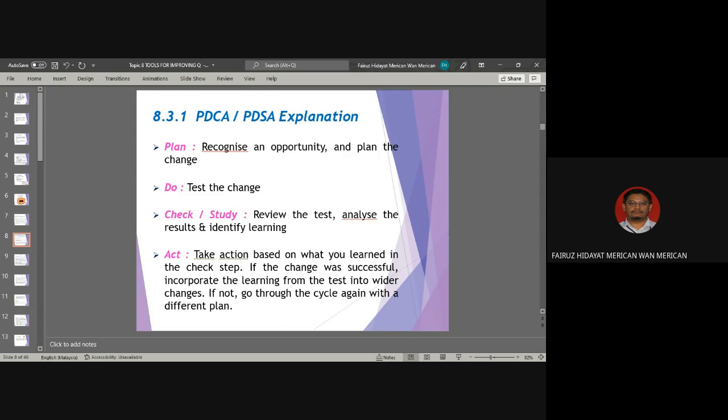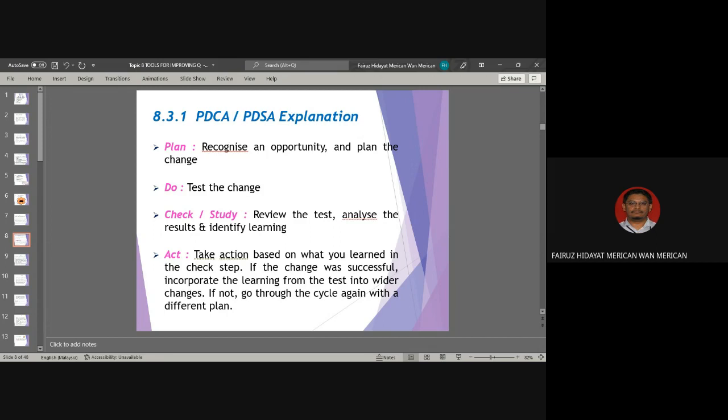They are regarded as opportunities for the company or organization, if they have weaknesses or problems or any aspect that needs to be improved. And once they recognize an opportunity, then they will plan the change to resolve that particular opportunity. They plan in terms of whether to solve a problem or improve certain elements of their product or service and so on. So they will plan.